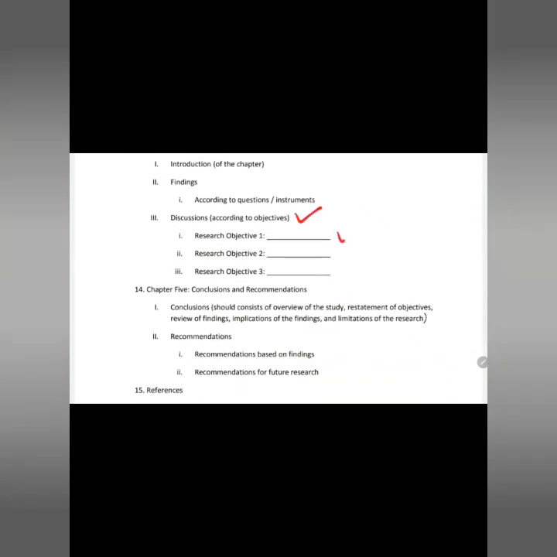Then I would like to see the discussion. Of course, if you have two objectives, make sure you have two. If you have three, three. If you have one, one. And then number 9, I expect to see conclusions, of course, and recommendations, both of these.